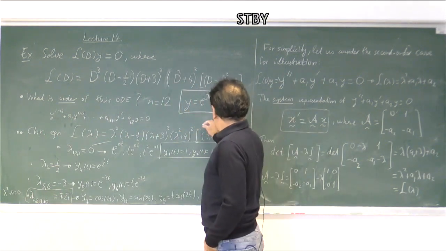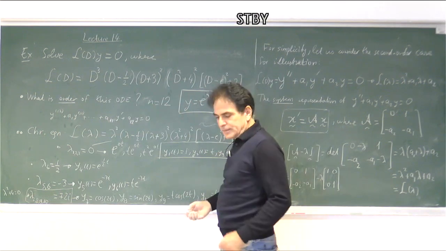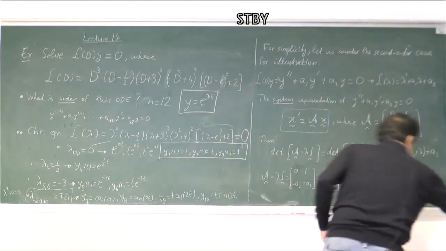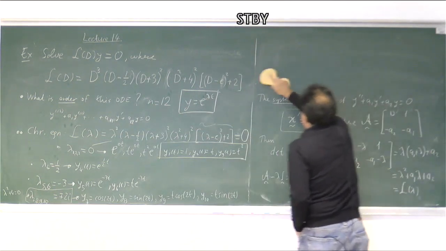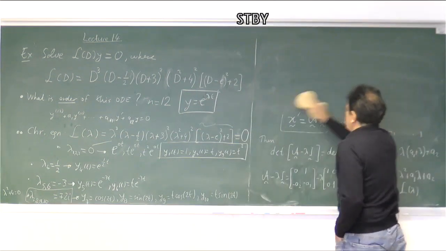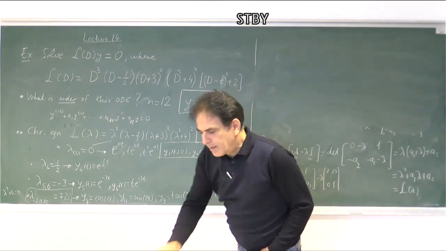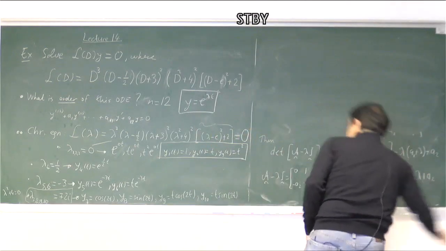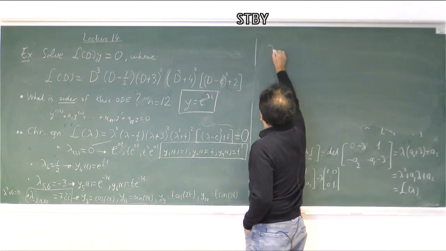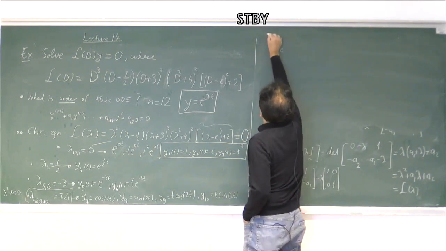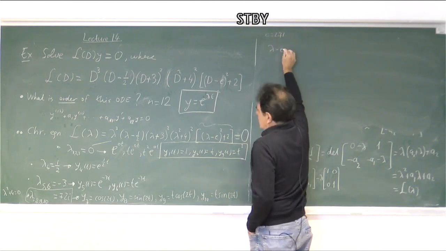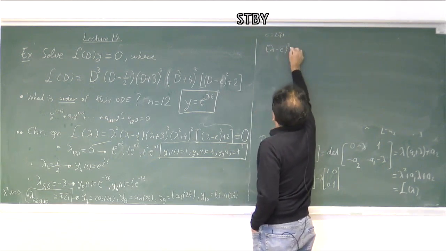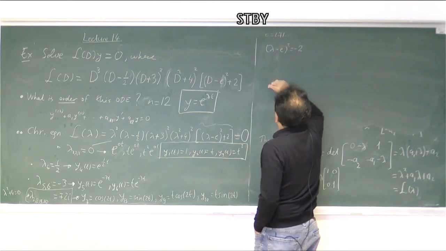Now, finally, we have this factor. That factor suggests that, look, lambda minus e, where e is the Euler number, 2.7182 and so on, squared must be minus 2.